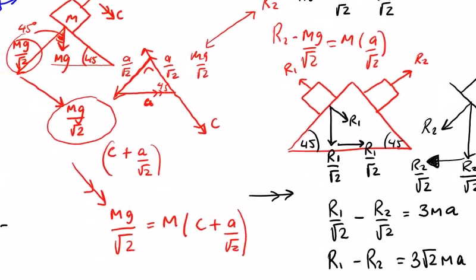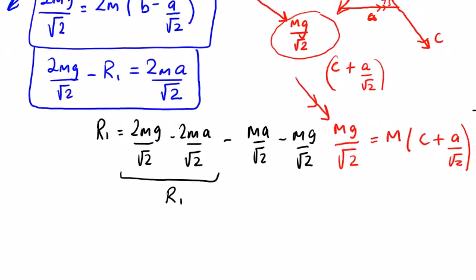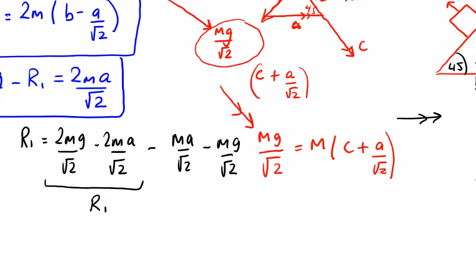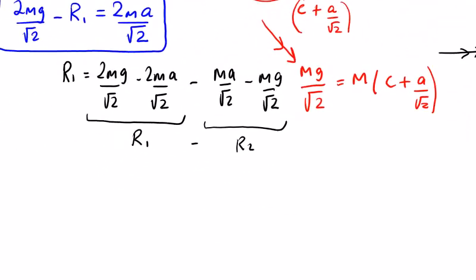So ma over root 2 and mg over root 2. That's R1 minus R2, that's minus R2, and that's equal to 2ma over root 2.